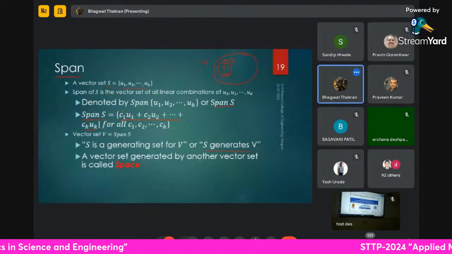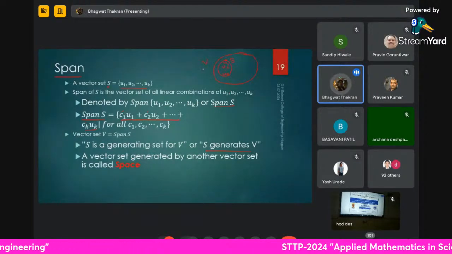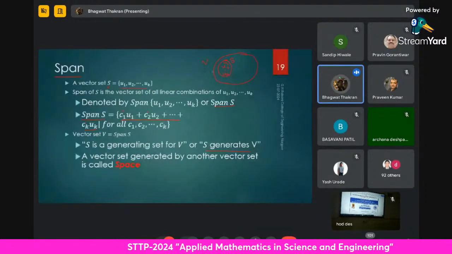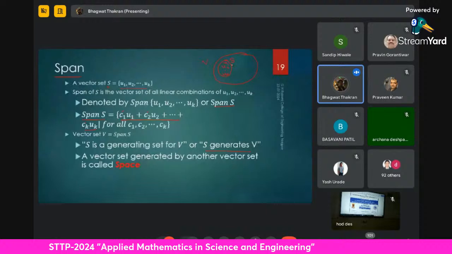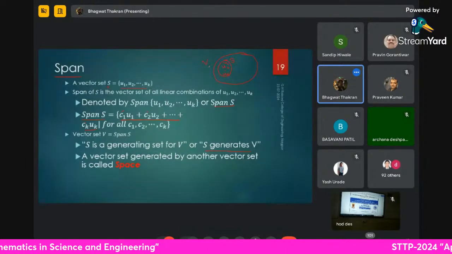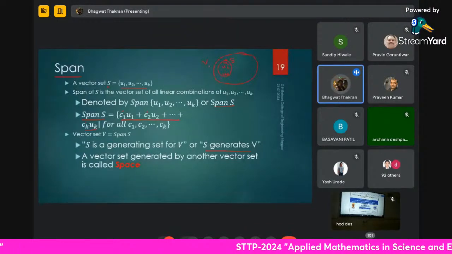Right? The moment I say linear combination, we know the basic property of a vector space, subset, subspace, that it holds closure for addition and closure for scalar multiplication.